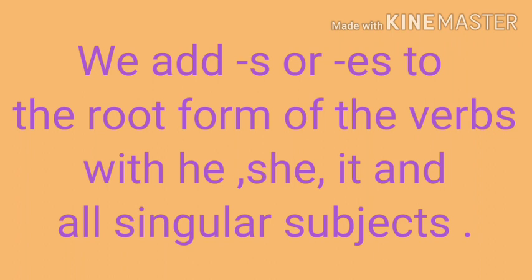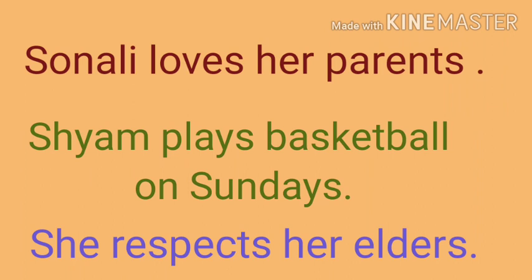Look at the examples. Sonali loves her parents. Shyam plays basketball on Sundays. She respects her parents. In these three sentences, the subjects Sonali, Shyam and she are singular subjects.